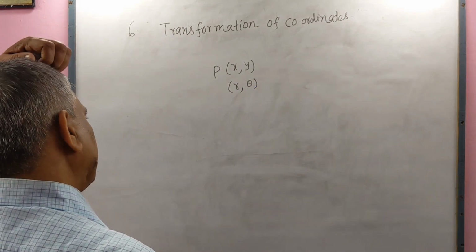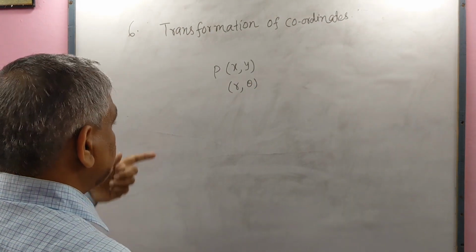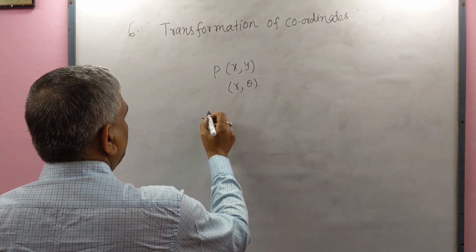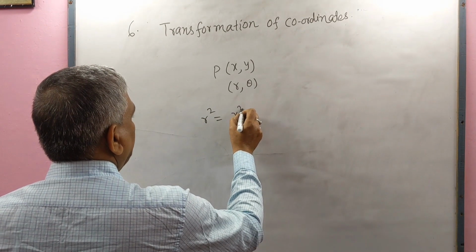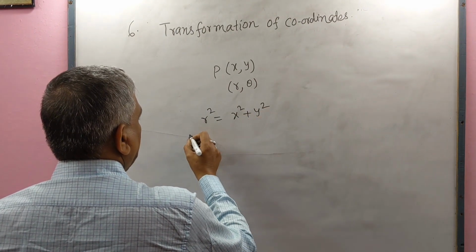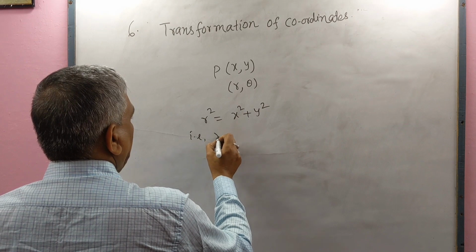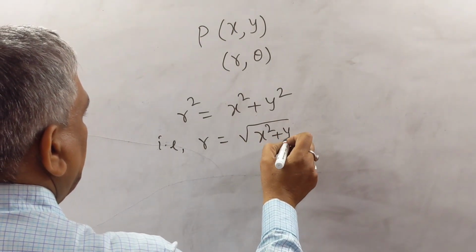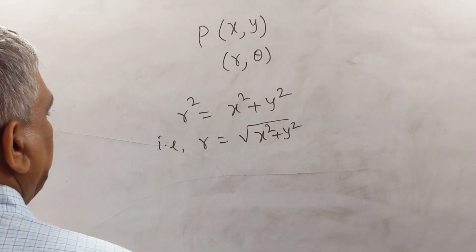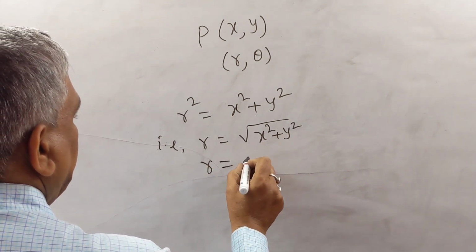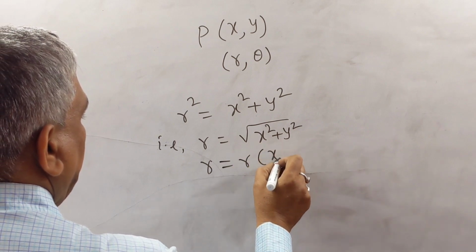The relation between the two systems of coordinates is r square equal to x square plus y square, that is r equal to root over x square plus y square, that is, r is a function of x, y.